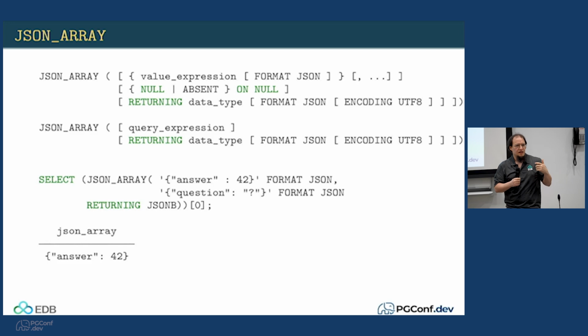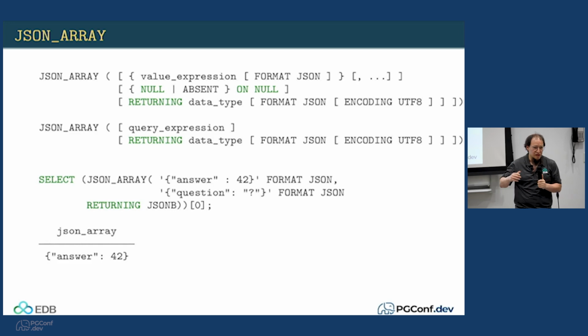So this is the stored type of data. What this is saying is that I am going to construct a JSON array and return it in JSONB format, to which I can apply a subscript.